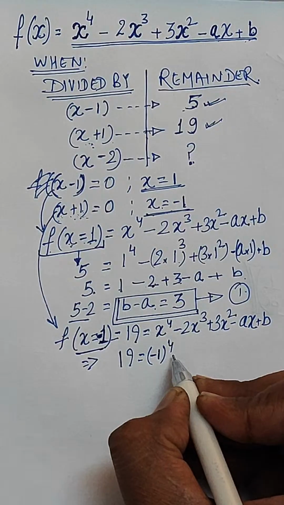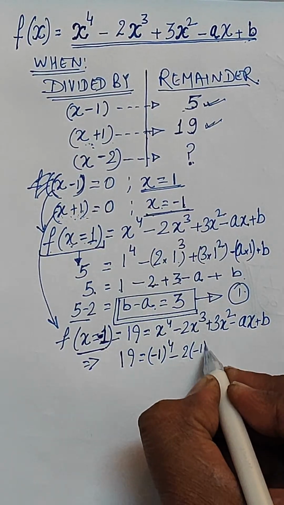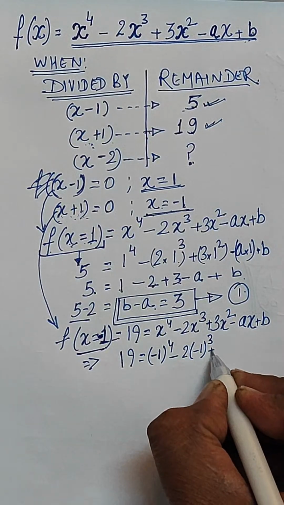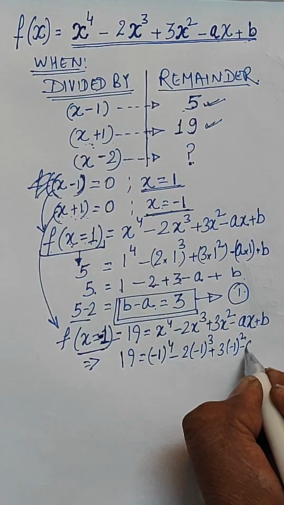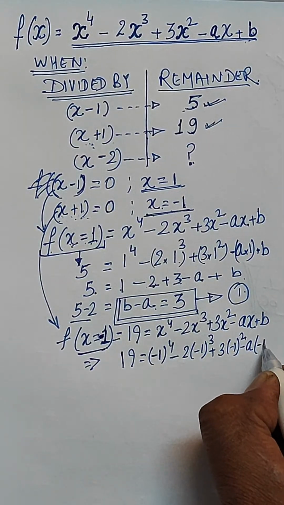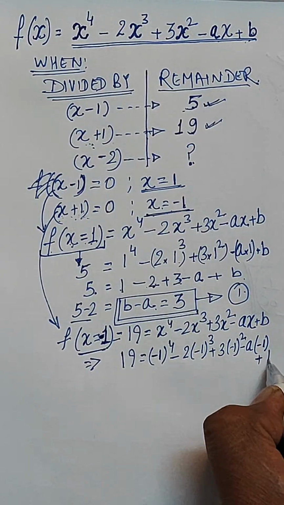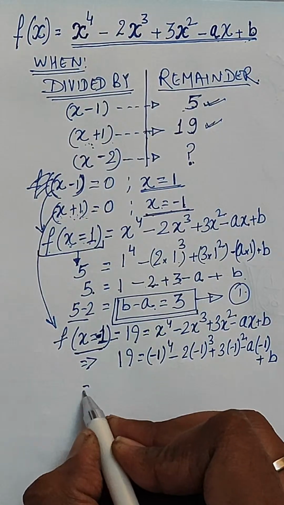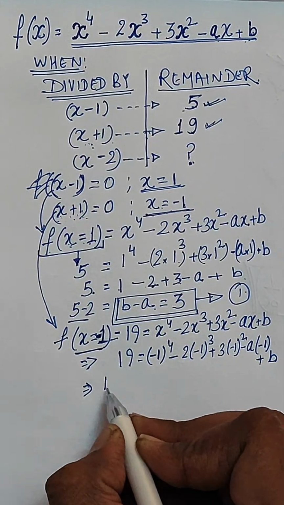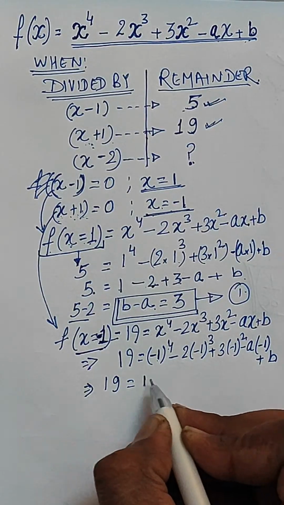So this will give you minus 1 power 4 minus 2 into minus 1 power 3 plus 3 into minus 1 whole square minus a into minus 1, then again into the last it's b, right? Now solve it further. 19 equals, minus 1 power 4 is nothing but 1, right?